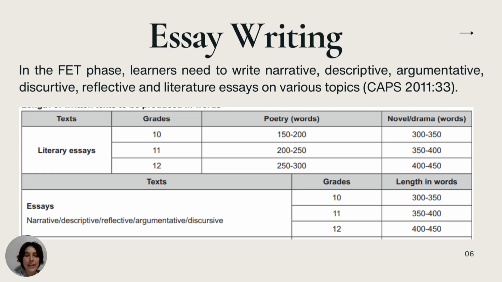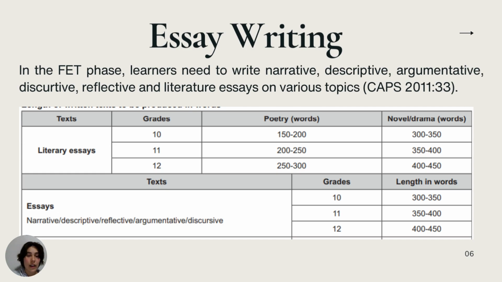For the different lengths of essays, for a literature essay, grades 10, 11 and 12, they all need to be writing literature essays. For poetry, they're still writing much shorter essays in grade 10, but in grade 12 we're looking at 250 to 300 words. And for novels and dramas, we're looking at 400 to 450 words for a literature essay.